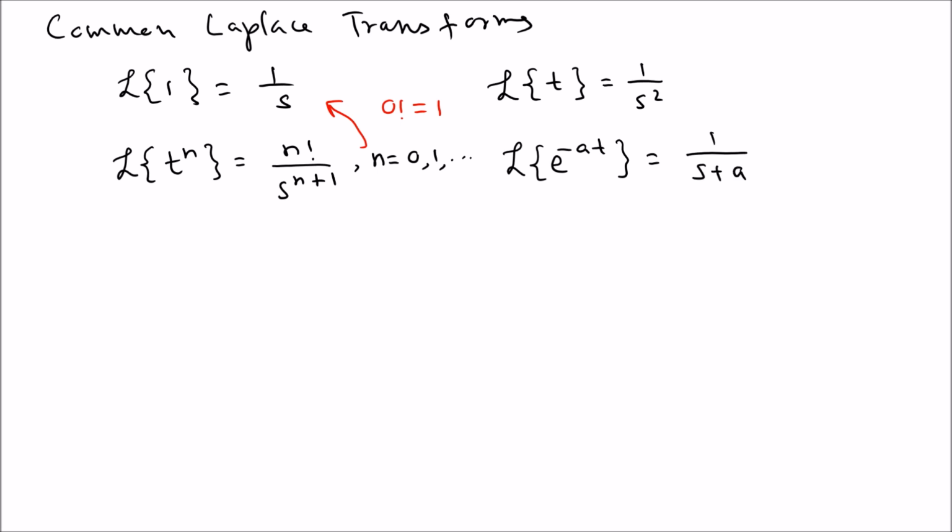And then sine and cosine. The Laplace transform of sine omega t is omega over s squared plus omega squared.